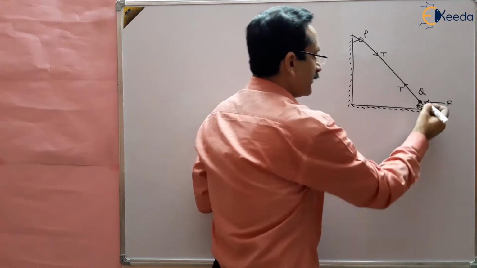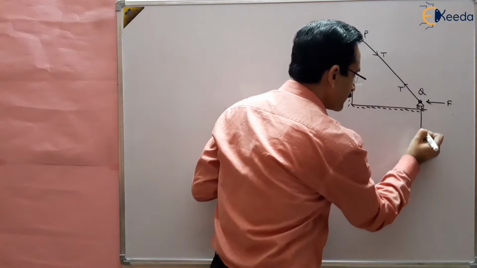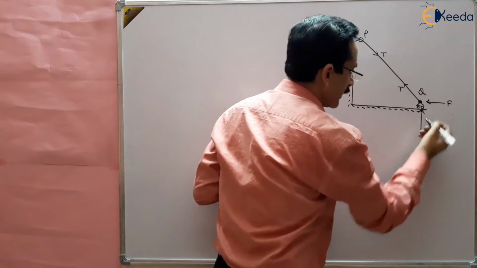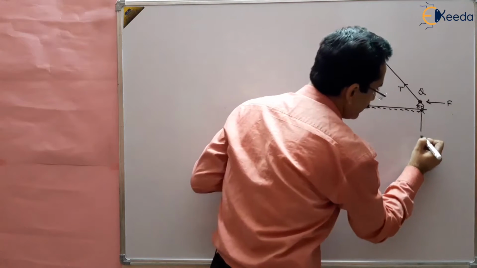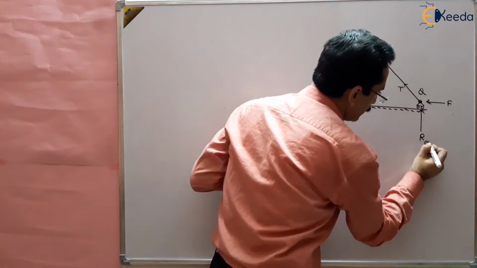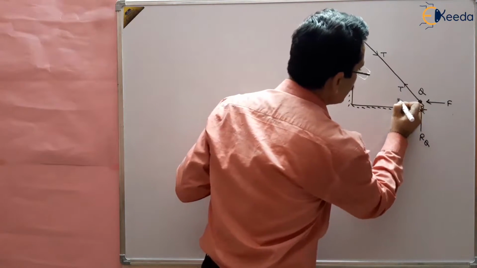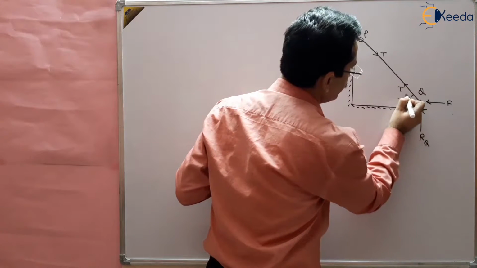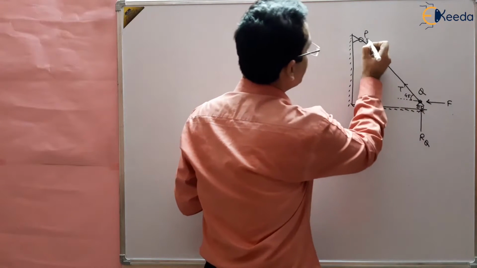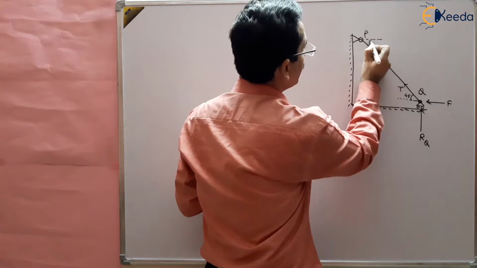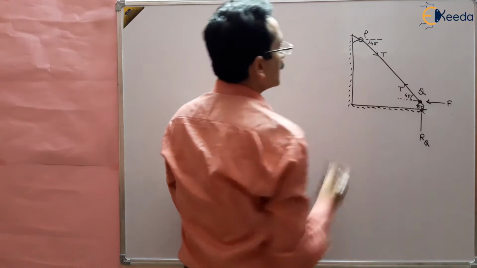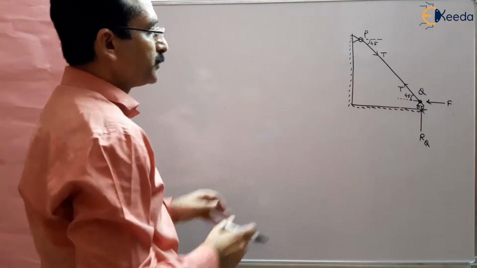There will also be some reaction developed here, suppose RQ, and the angle given to us is 45 degrees. If this is 45 degrees, this should also be 45 degrees.